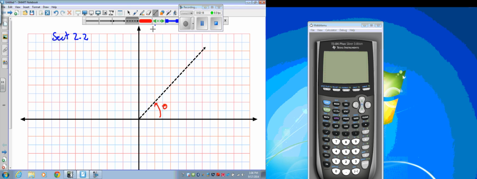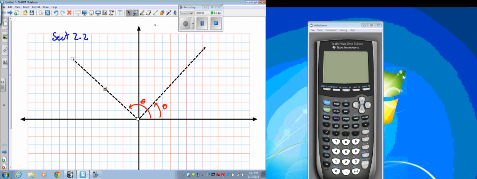If we're in the second quadrant, that's here. Now, the angle that we're going to be talking about is this angle right here. But we're looking at a reference angle, and a reference angle is always the angle between the terminal side and the x-axis.